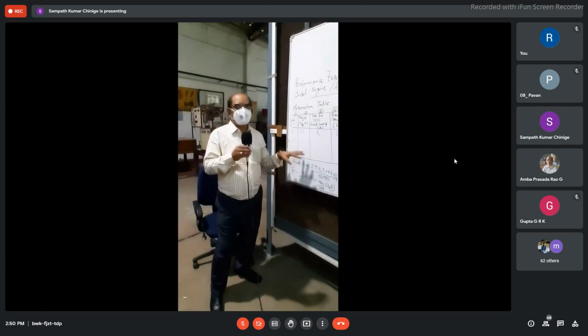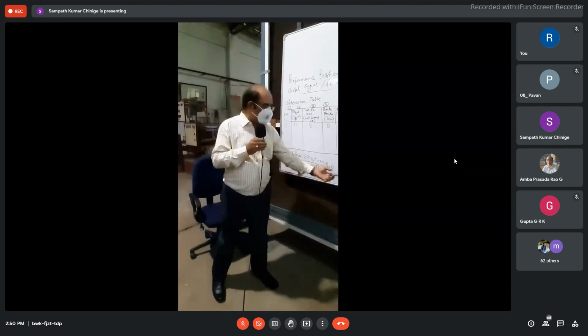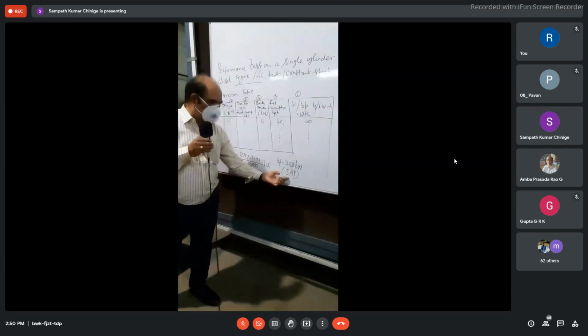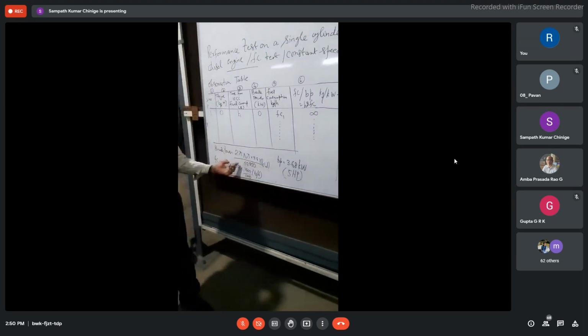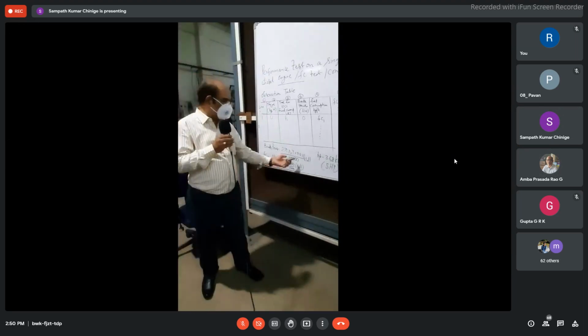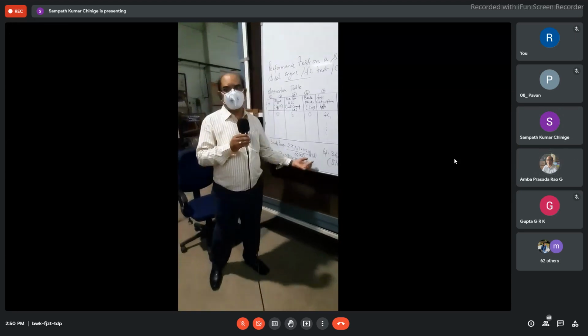Our test, because we understood that it is a 5 HP engine, what is the maximum torque corresponding to this 5 HP? We calculated it from this formula, and that accounted to be 2.38 kg force meter.